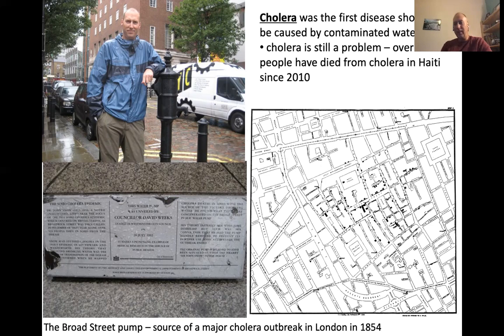But there's been a lot of research since then on how the water got contaminated, where the first case was, etc. So the point is, Snow's spatial mapping technique and trying to identify the cause of the disease was pretty revolutionary at the time. Cholera, unfortunately, is still with us. There was an outbreak in Haiti for several years.